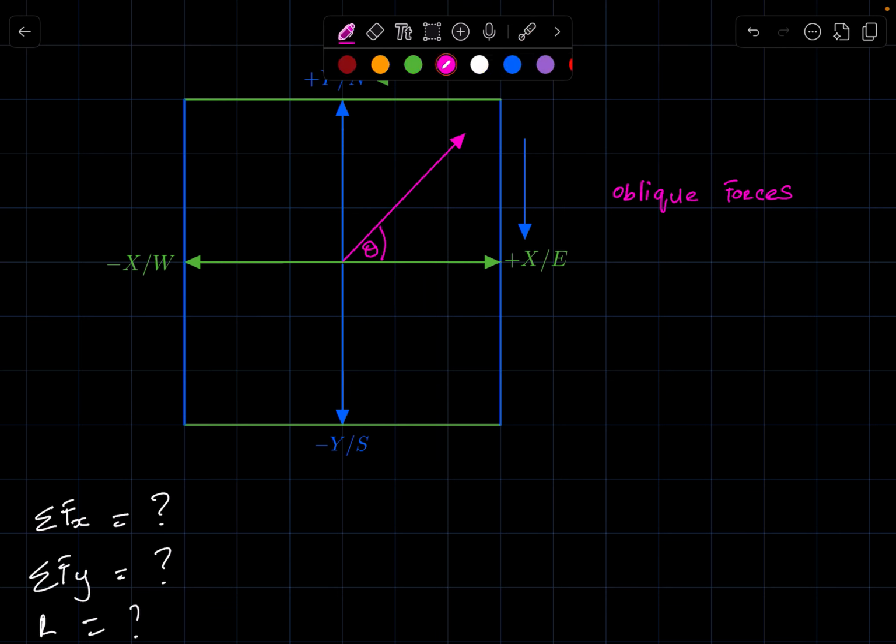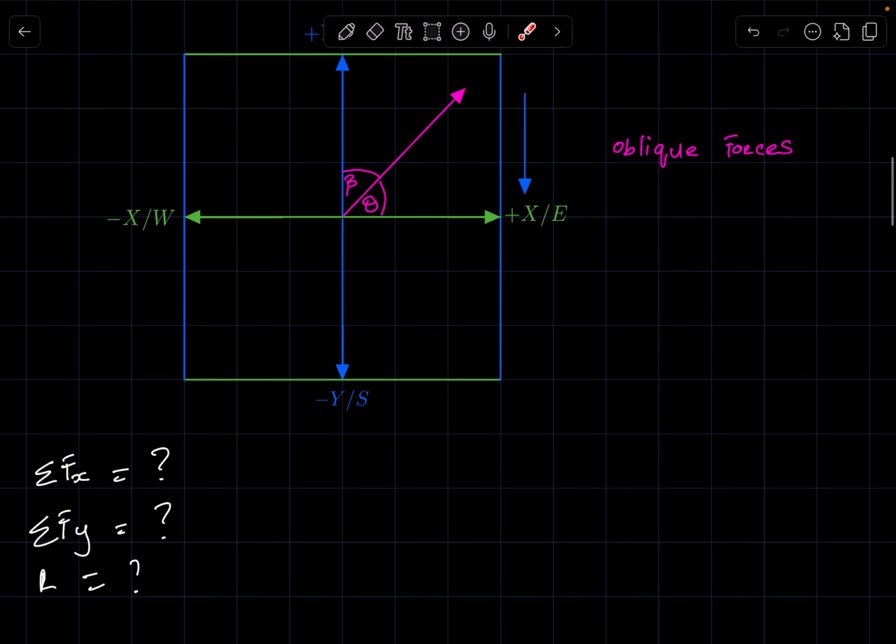Or we can say that the oblique force is at an angle of beta from the y-axis. We are also able to consider these forces, but we cannot use these forces exactly as they are in applying conditions of equilibrium. Why? Because oblique forces are not parallel to the y-axis nor parallel to the x-axis.